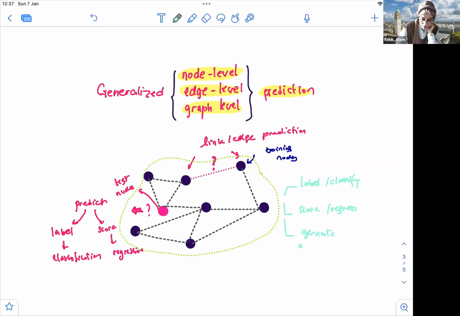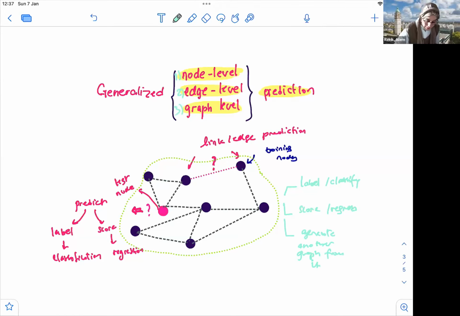This is generative learning. So you map this graph onto another graph or another output. The output could be anything, depending on how we define our problem. This is the idea of learning on graphs. We can divide it into 3 categories: node-based, edge-based, and graph-based.